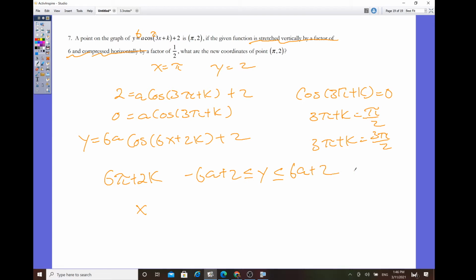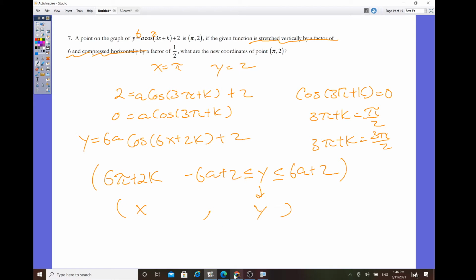Again, there's no need to solve for k and a. Those are just the possible factors for the x values and the y values. This one shows the range for the y value, and this one shows all the possible x values. So for the xy coordinate, just put it this way.